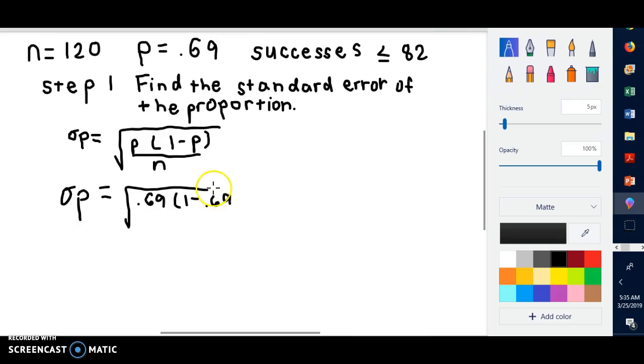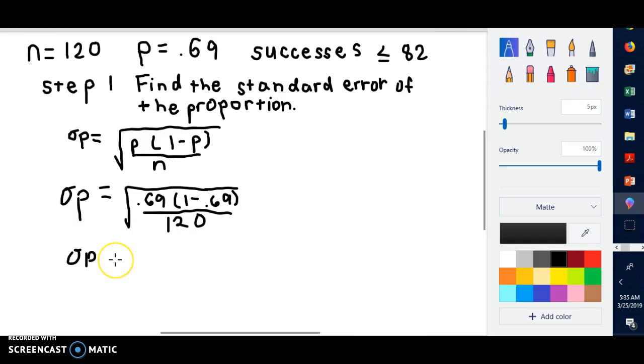So I'm just plugging in for p. And then in the denominator, we have n, our sample size, and it is 120. Now we want to work the numerator and get it simplified.